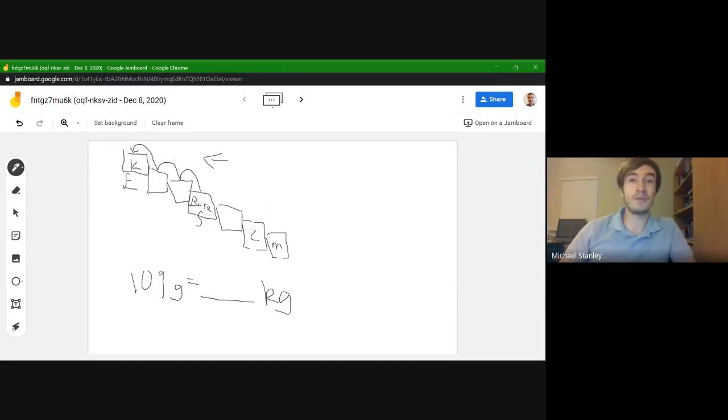So let's see what we get when we move our decimal place 3 steps to the left. We have 109 grams here, and so our decimal place is right here at the end of our number. And so we go to the left 1, 2, 3 spaces. Now our decimal point is in front of our digits.